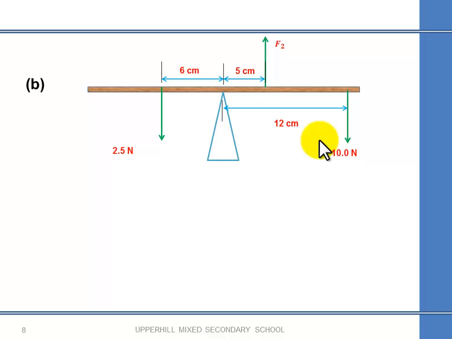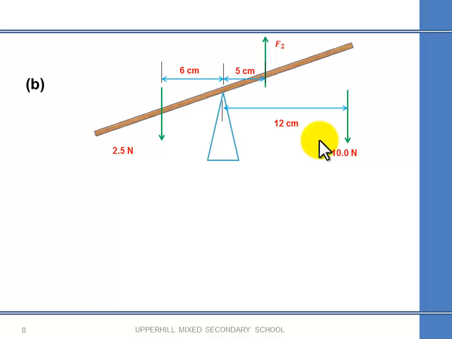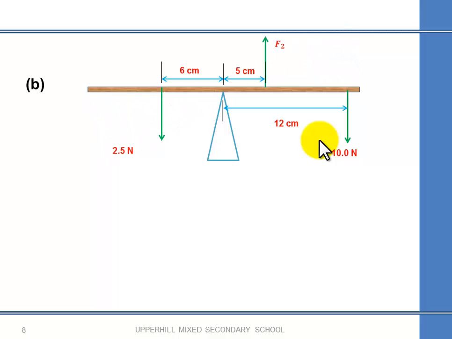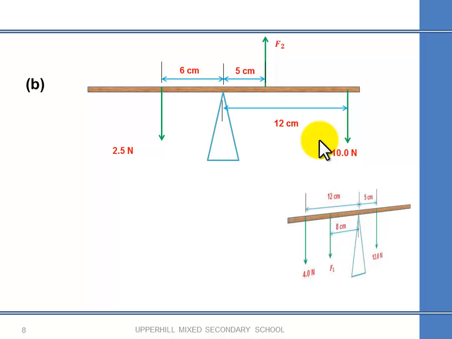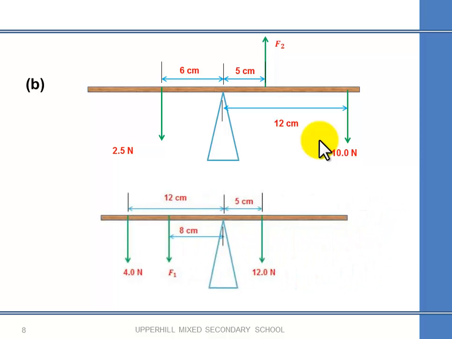We notice something strange here. The 2.5 Newton force and F2 turn the system in the anti-clockwise direction, although the two forces are on opposite sides of the pivot. Previously, we saw that the two forces which turned the system in the same direction were on the same side of the pivot.